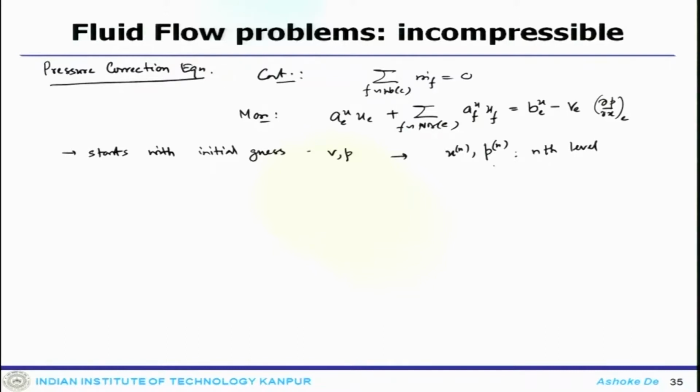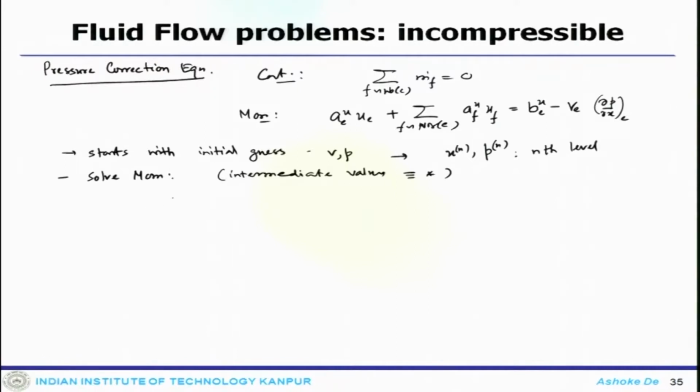Now, once you have a guess value, we can solve the momentum equation to get a value which is actually giving you an intermediate one, denoted by star.